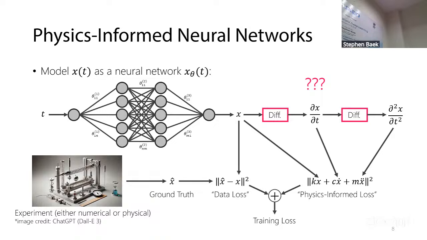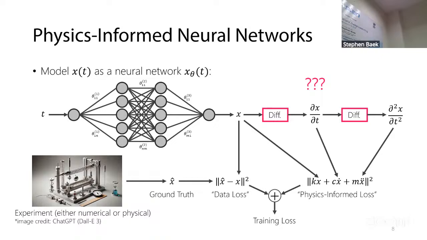So you're going to need to take the derivatives of some neural network model quantity x with respect to time in this case. Also, for the cases of PDE, you will also need to take the derivative of x with respect to some other quantities like position vectors, and so on and so forth.